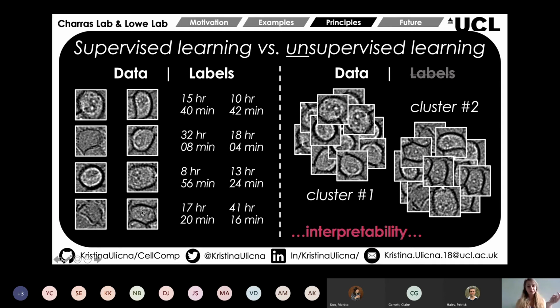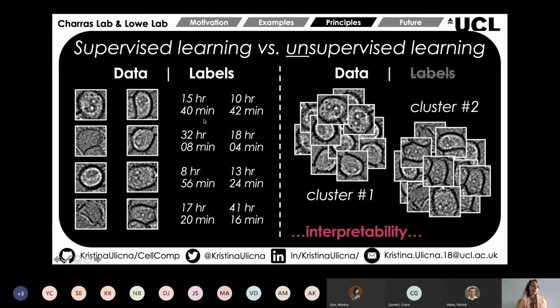I provide my tiny image crops, and then I provide a number, say 15. But I don't tell the model what that 15 is. It can be the cell cycle duration, it can be how heavy the cell is, or it can be the number of likes on Instagram. It doesn't know what it's looking at. It only connects the numbers to the initial data.